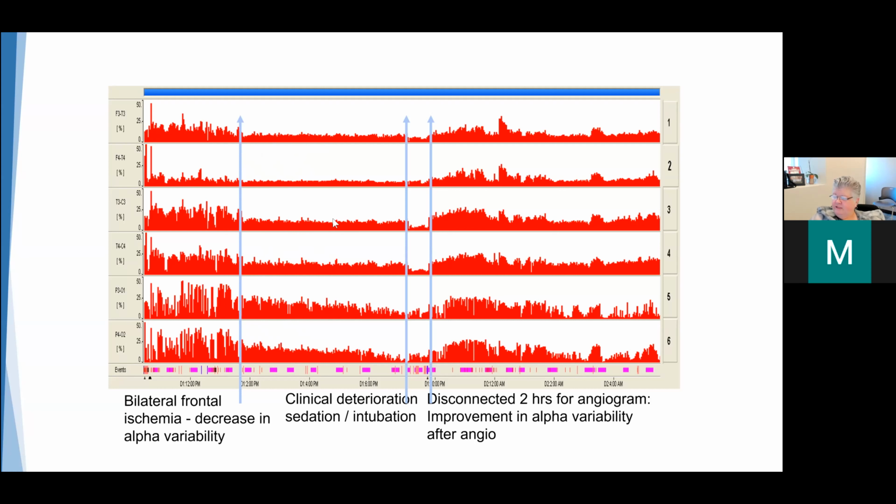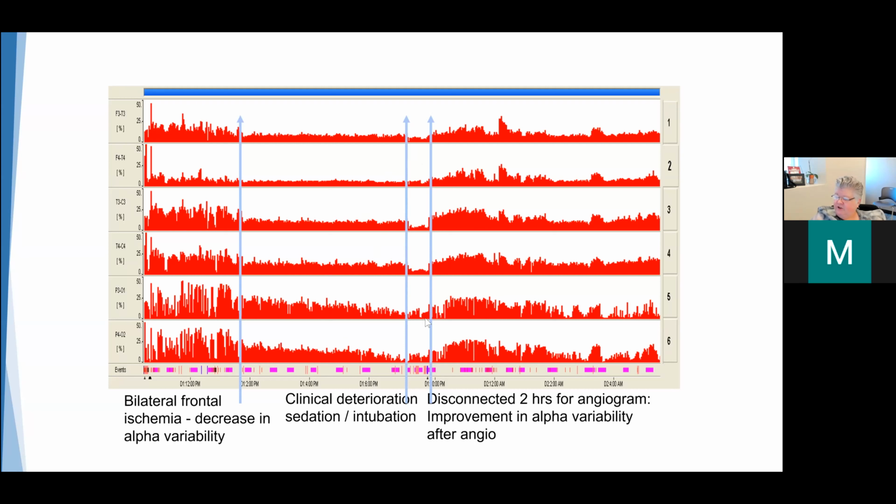And these changes became slightly more severe, particularly over the parietal occipital regions, until the patient had a clinical deterioration and suddenly stopped moving her legs, became obtunded, and was intubated.